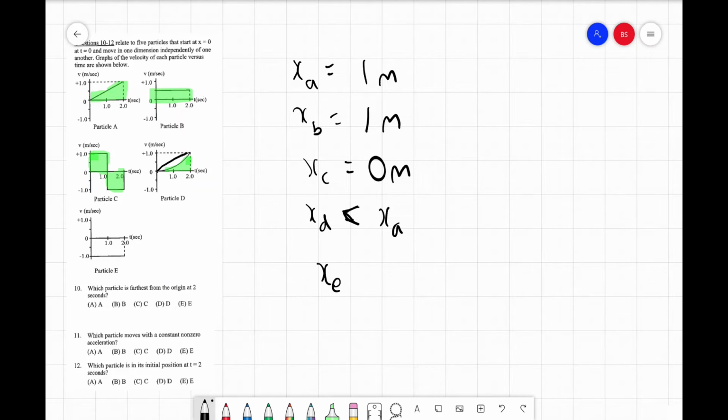Finally, we have x of E that is equal to this area over here. Notice that this is going with a negative velocity, which means that it is going in the opposite direction, that is away from the origin in the negative direction. We see that the area of this is equal to 2, which is the width of the rectangle, times 1, that is also 2.